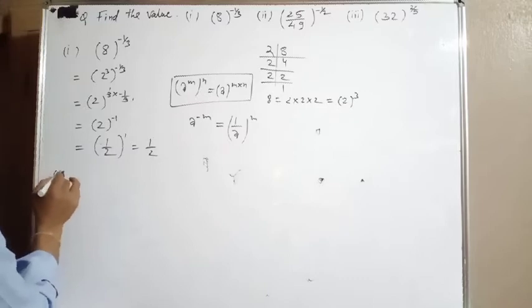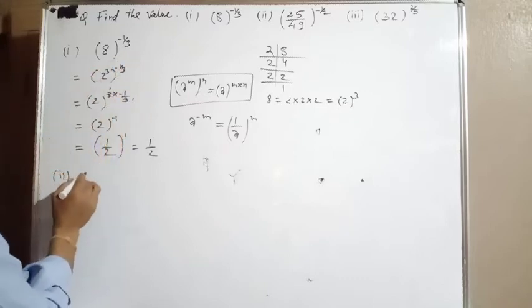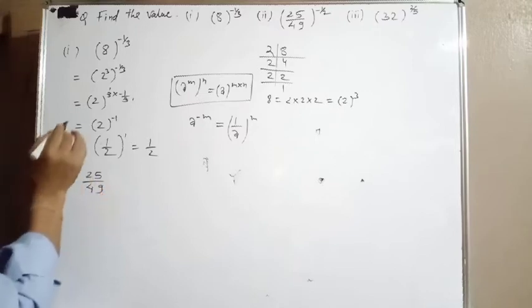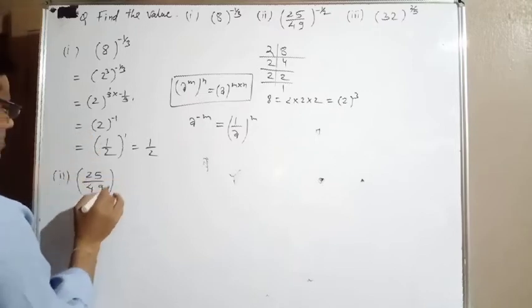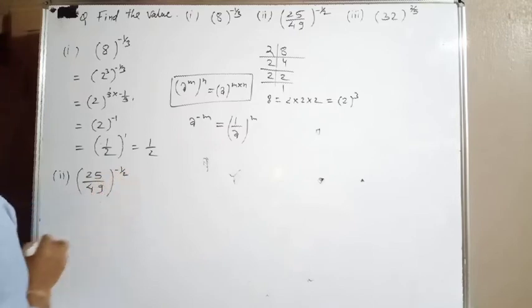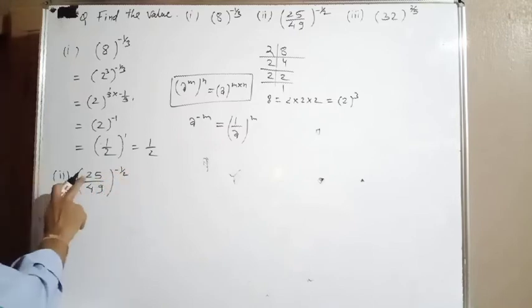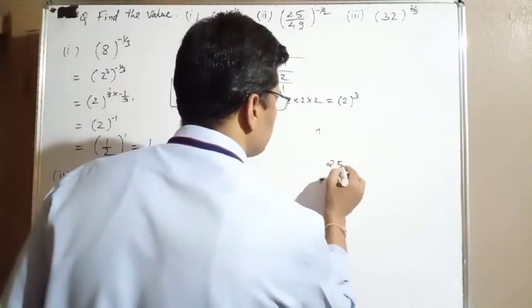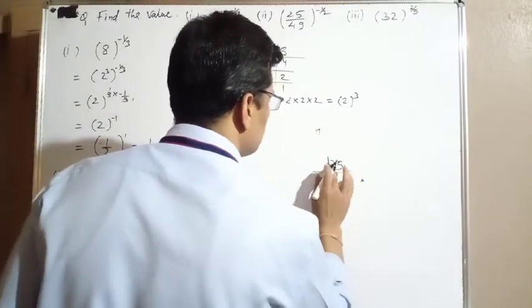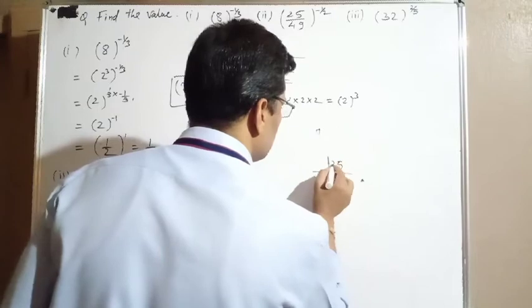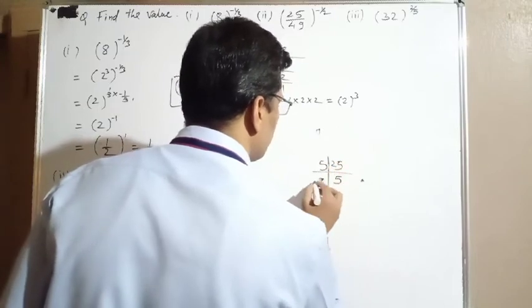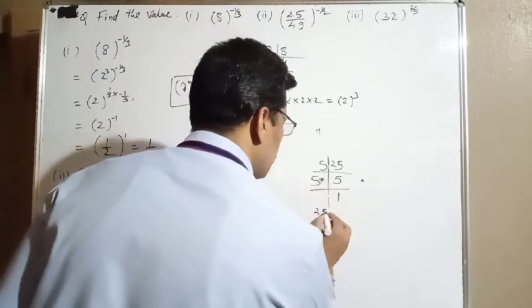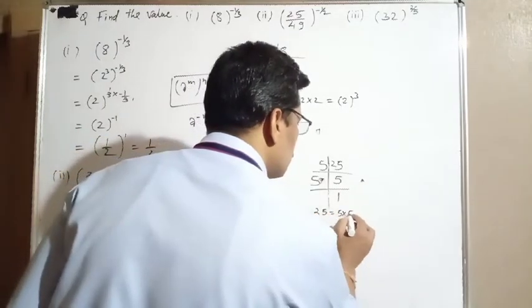Second number: 25 upon 49 to the power minus 1 upon 2. Here, let's find the factors of 25. 5 into 5 is 25. 25 is equal to 5 into 5.